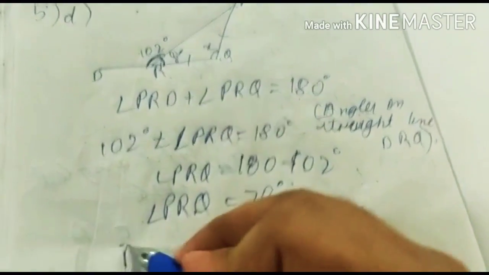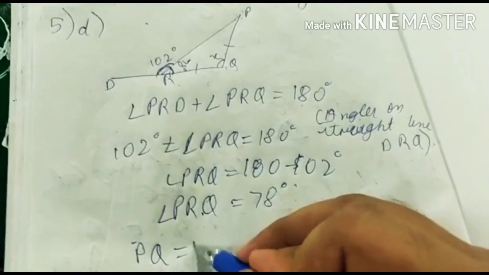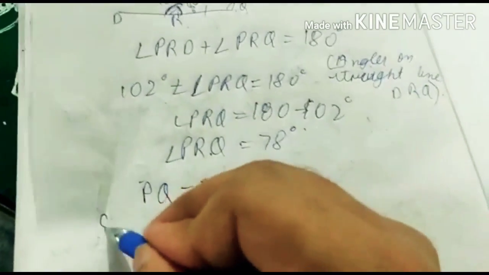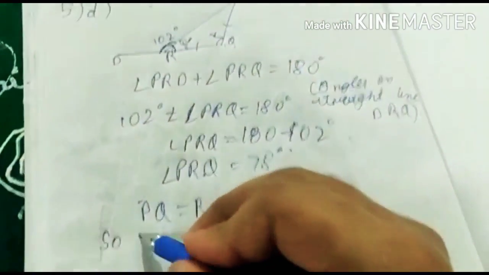So we will write here PQ is equal to RQ. So angle in front of PQ is angle R, that is angle PRQ.